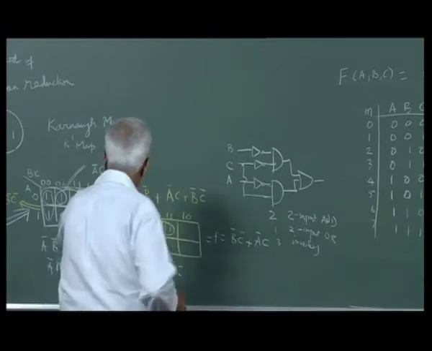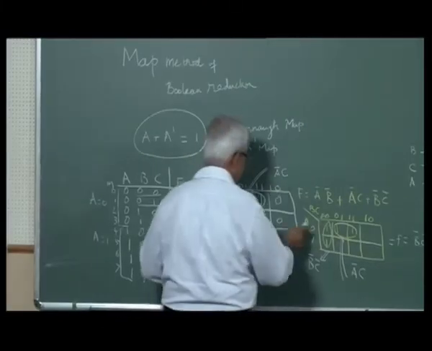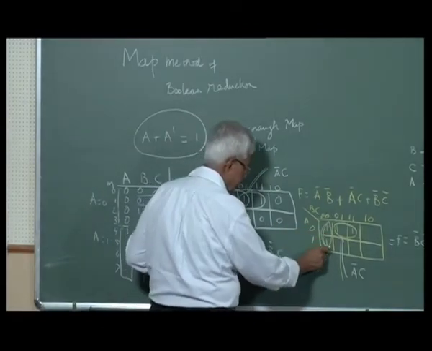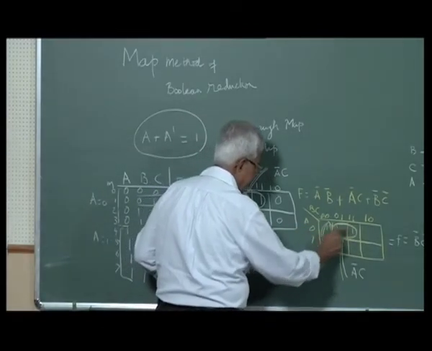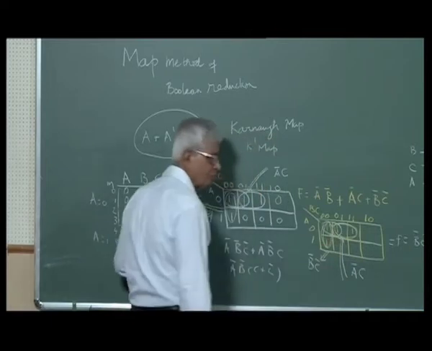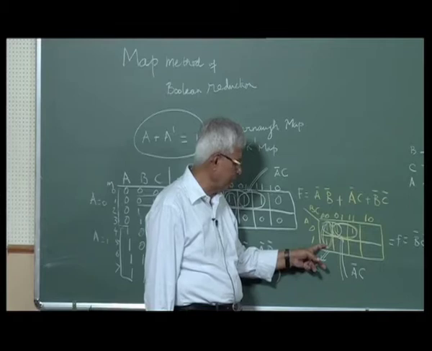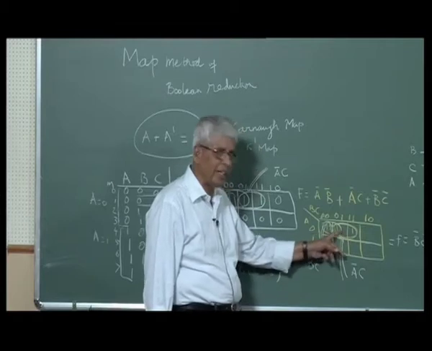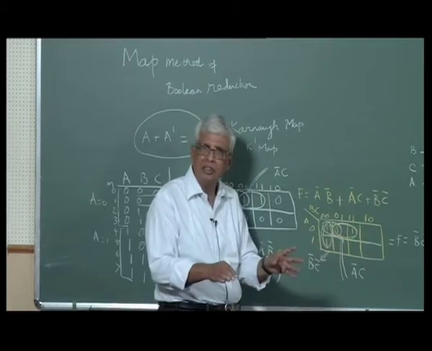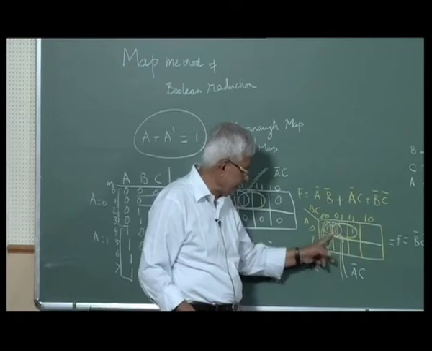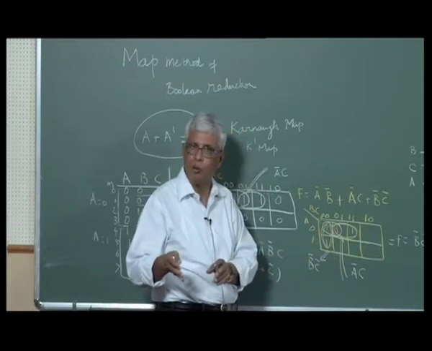In this case, I have already done this, then there is no point in doing it. Because this has resulted in a 2-input gate, and this has resulted in a 2-input gate, we have covered everything, whereas doing this extra is going to increase the number of terms, which I don't want.